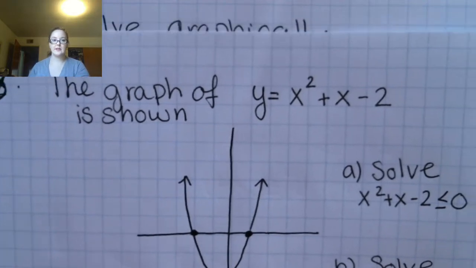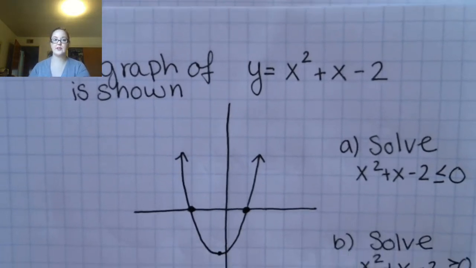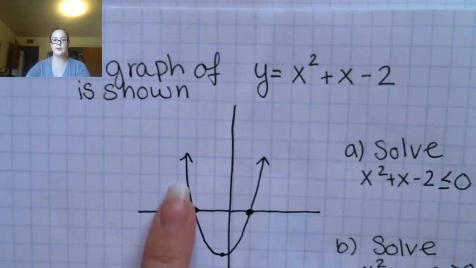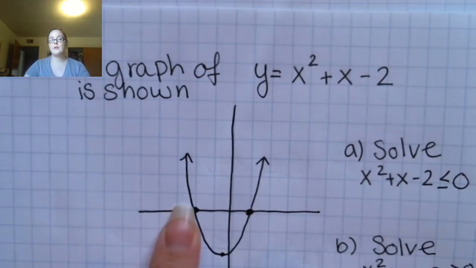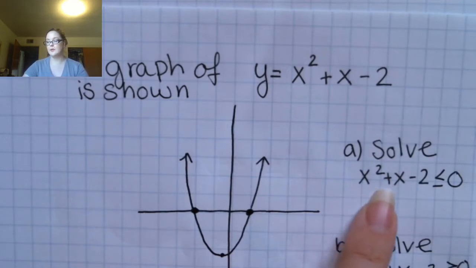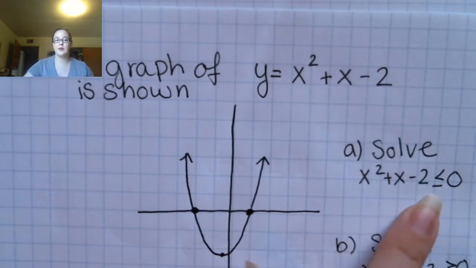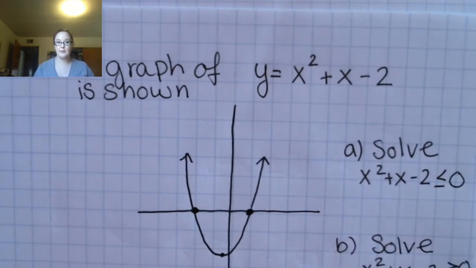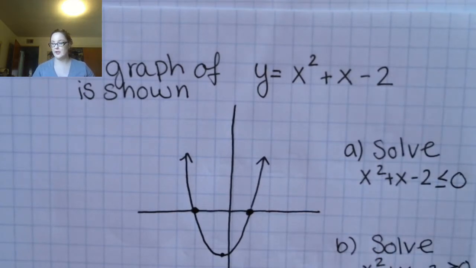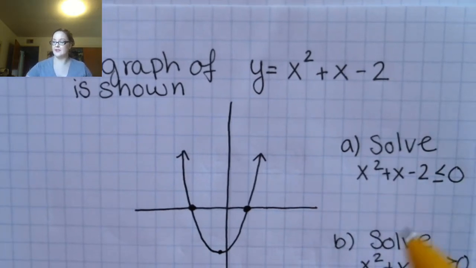So this says the graph of this function x squared plus x minus 2 is shown. Here's that graph. And then we want to solve x squared plus x minus 2 is less than or equal to 0. Now you can see that this is worded exactly the same as when we were solving them algebraically. I just want to remind you guys of what this question is asking.